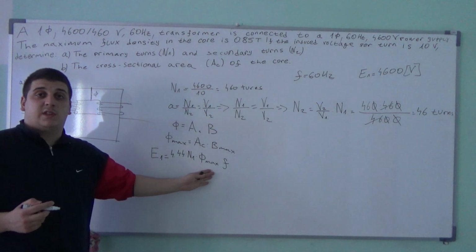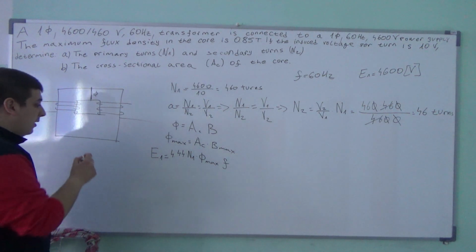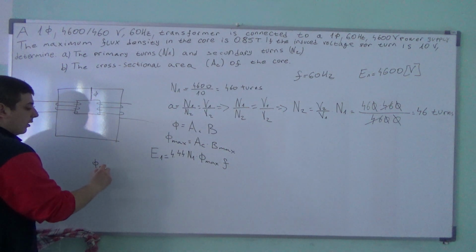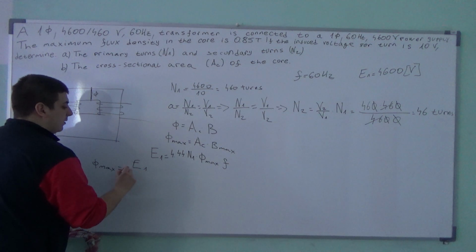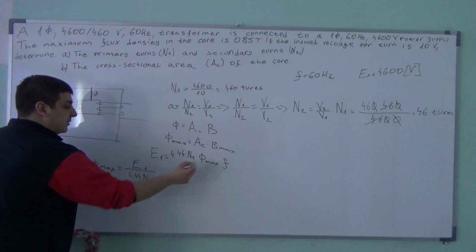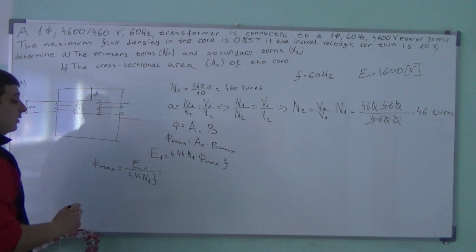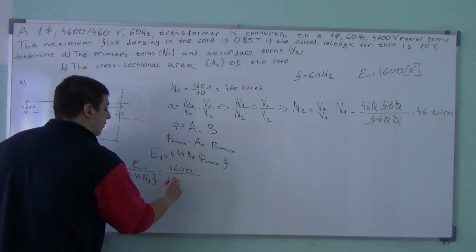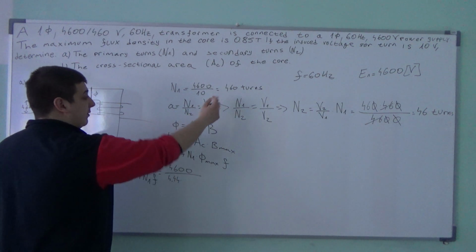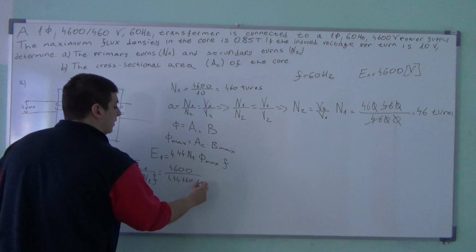Now we can calculate what is the flux maximum in the core. Flux maximum is equal to E1 divided by 4.44 N1 times the frequency. Now let's put the values. 4600 divided by 4.44 times the number of turns, 460, times the frequency, 60.